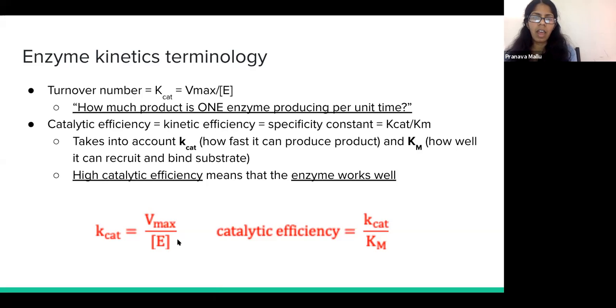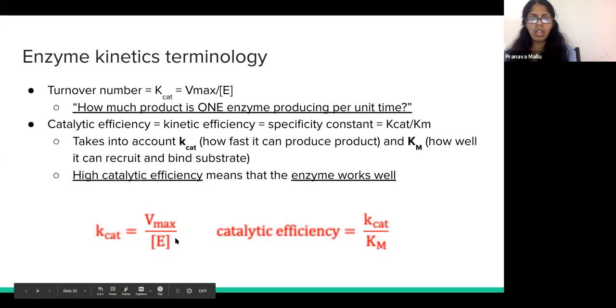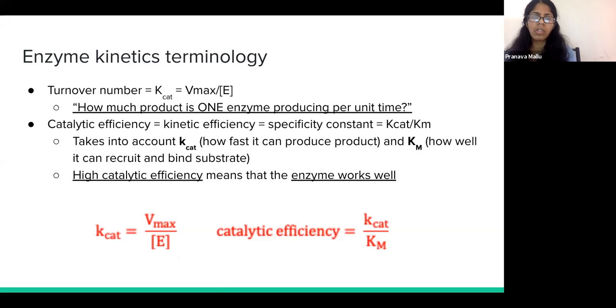If you take that and divide it by the concentration of your enzyme, what the turnover number represents is how fast one enzyme, or 1 unit of concentration of enzyme, is producing product per unit time. Vmax gives you the rate of product production for the whole sample. Turnover number breaks it down into one enzyme, or like 1 millimole of enzyme, etc.